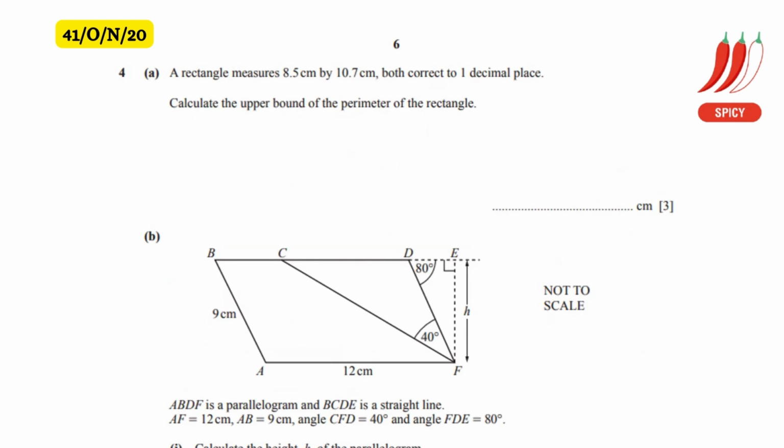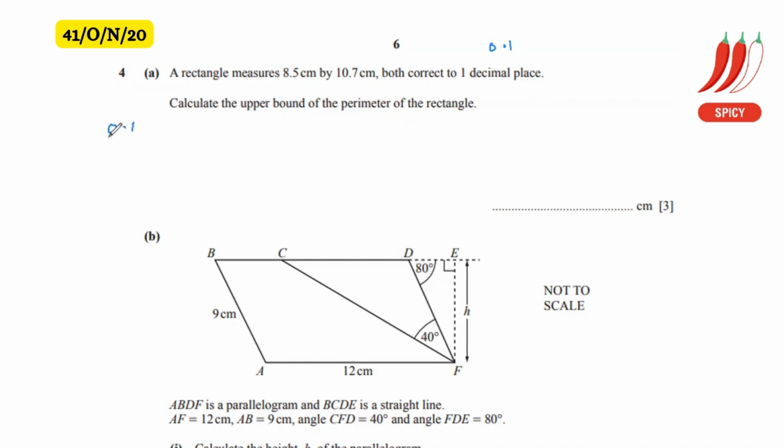In question 4a, it says that a rectangle measures 8.5 centimeters by 10.7 centimeters, both correct to one decimal place. Calculate the upper bound of the perimeter of the rectangle. So since both the measurements are correct to one decimal place, the degree of accuracy is 0.1. So when you're trying to find the upper bound and lower bound, whatever the degree of accuracy is, you divide it by 2 first.